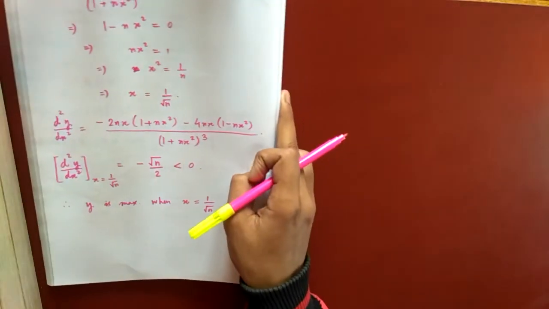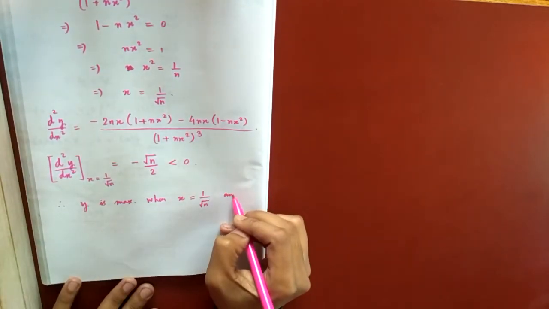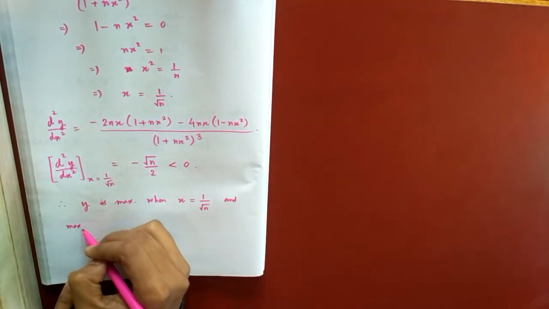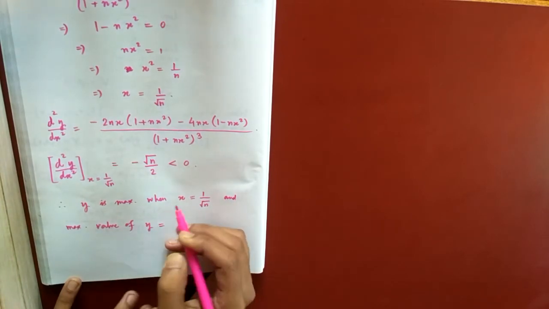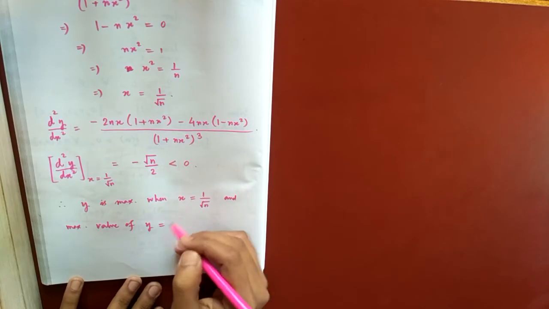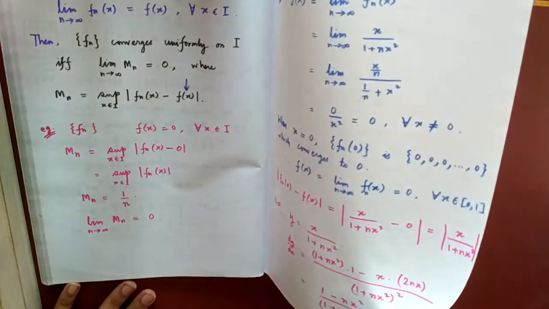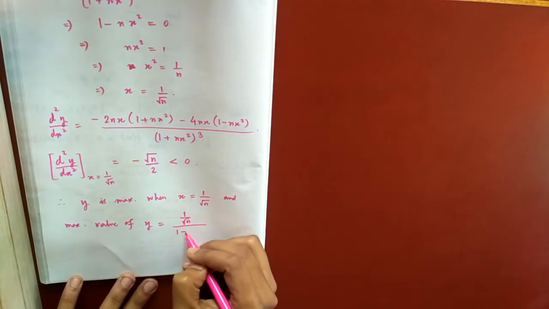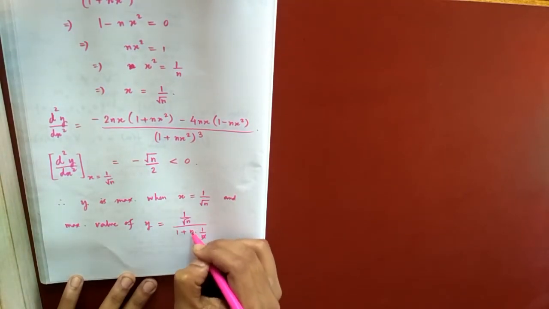And the maximum value of y will be what? y was x by 1 plus nx². x² will be 1 by n, it gets cancelled. 1 plus 1, 2.